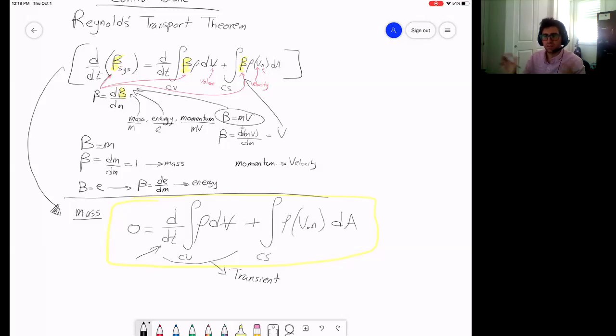That's the definition of transient and steady. Transient means something is changing with respect to time. Steady means nothing is changing with respect to time.